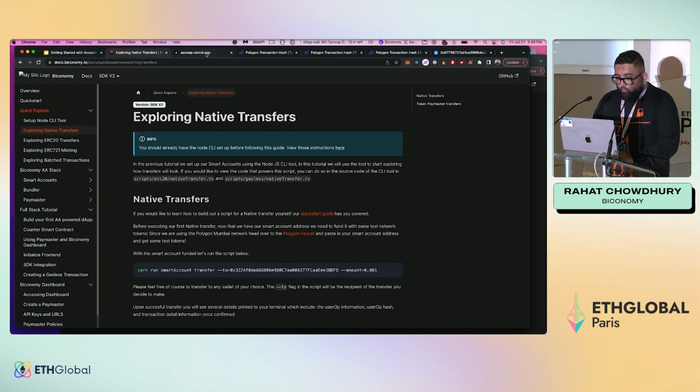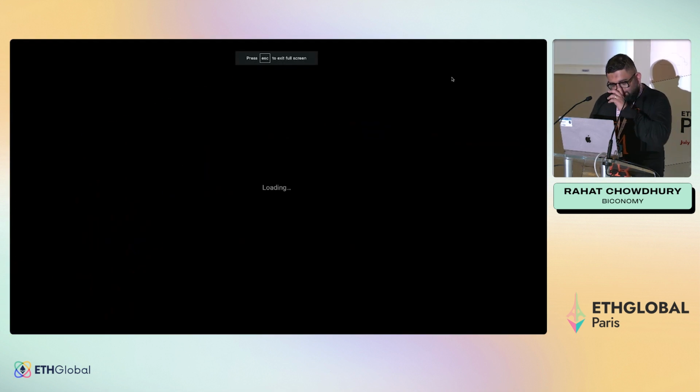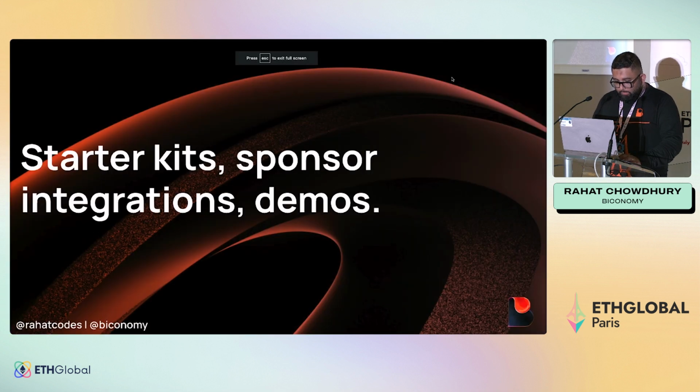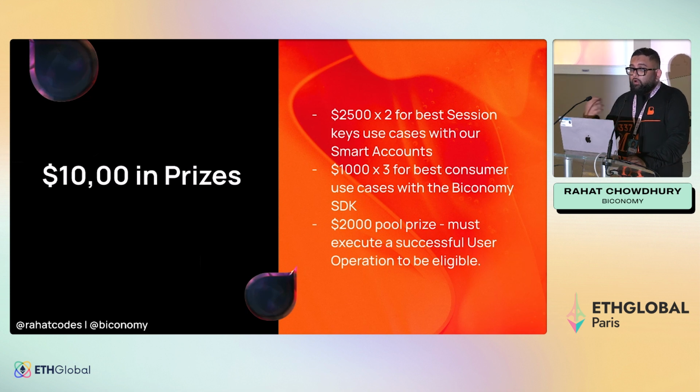There is one other, I guess our larger prize that we have. So if we take a look at the prizes, you'll see that there are two $2,500 prizes for the best use of session keys that are built on top of our smart accounts. We have a tutorial that will go through how to build your own session key module on top of our smart account as well.